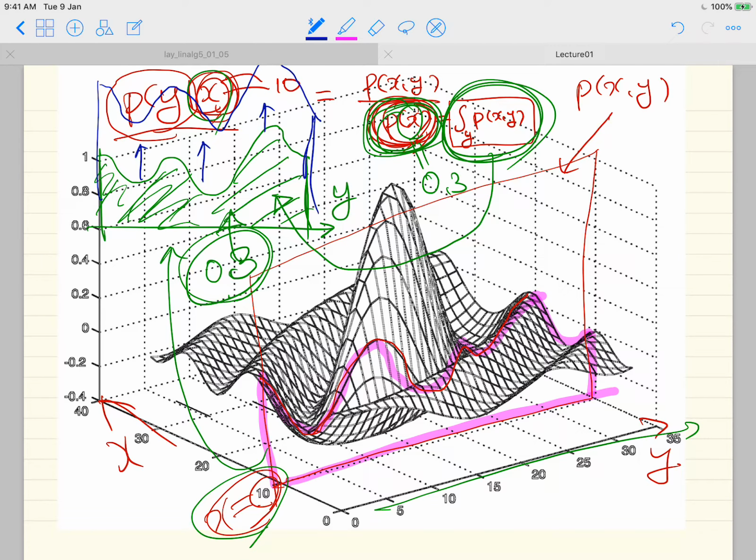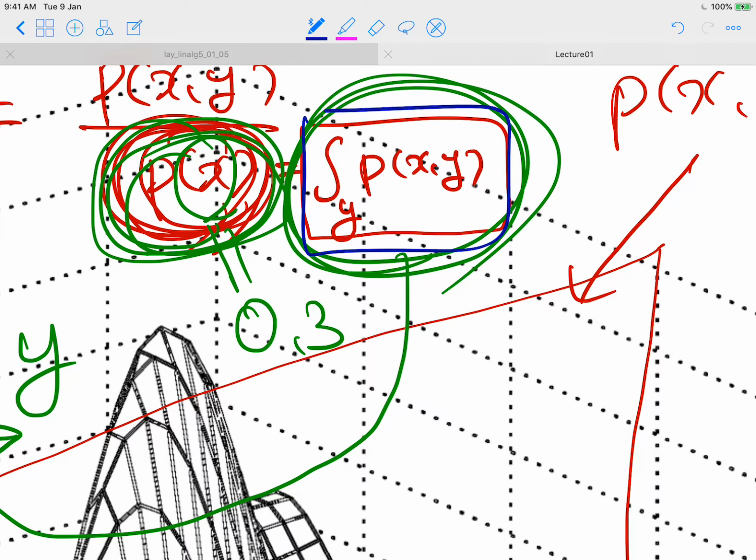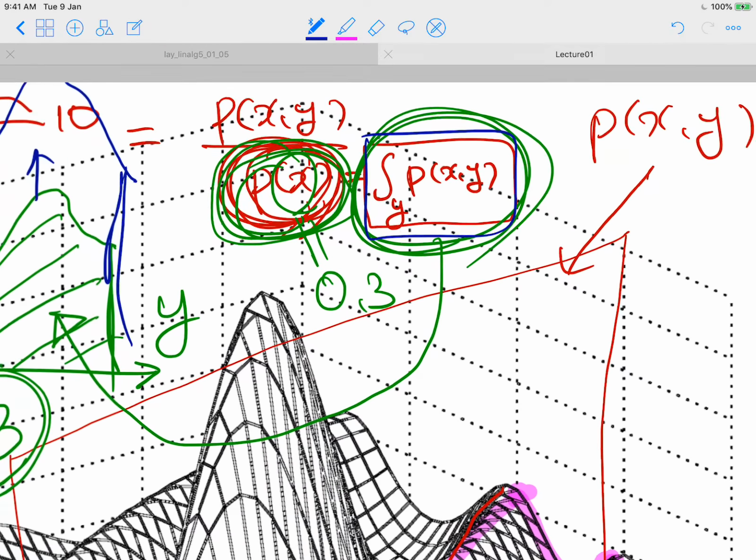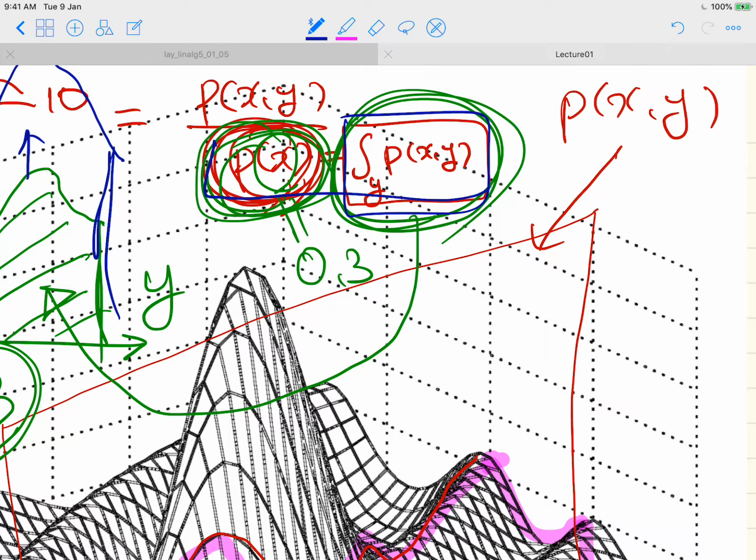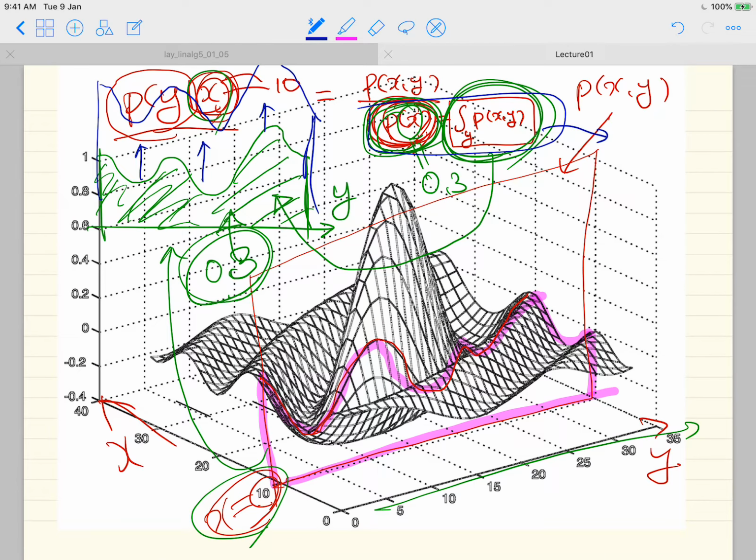And then what about the marginal distribution? This is the definition of the marginal distribution, but we only considered it when x is fixed as 10 in this particular example, right?